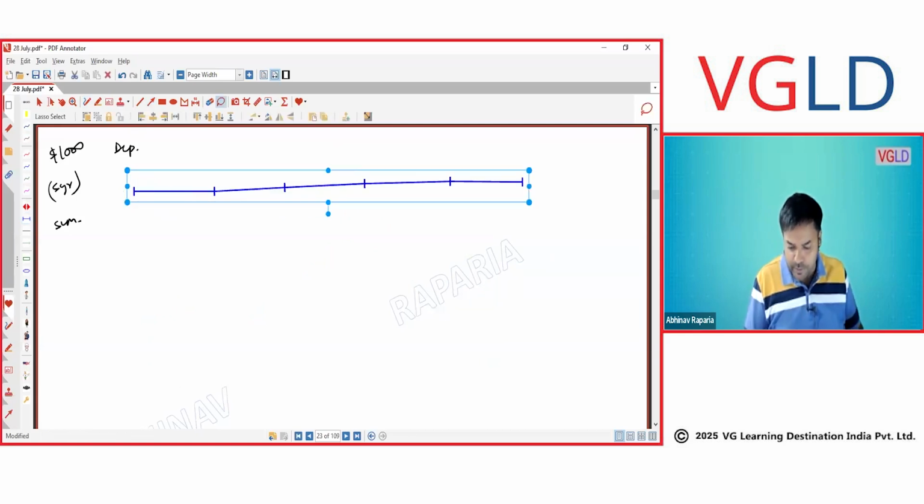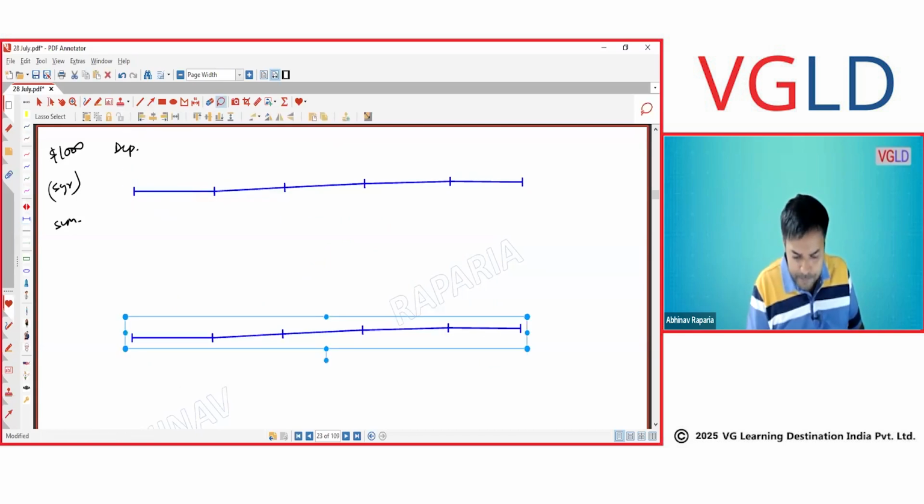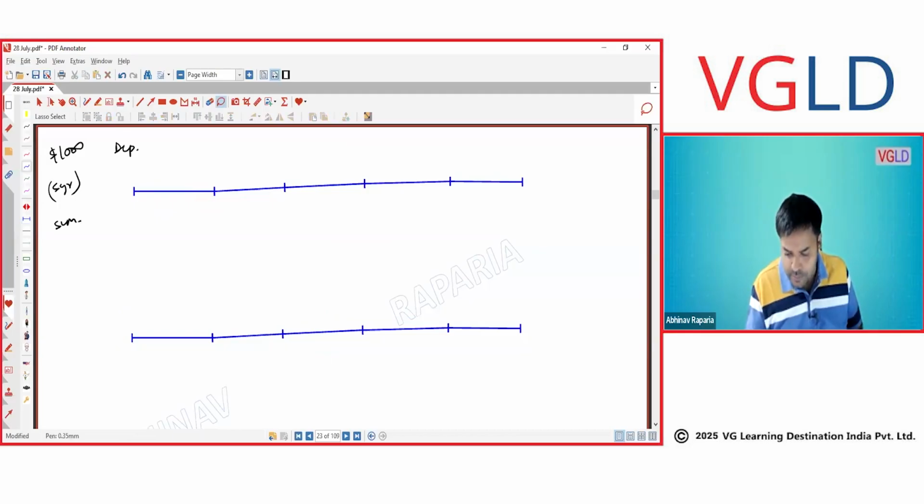How much is the depreciation? This is going to be 200, 200, 200.